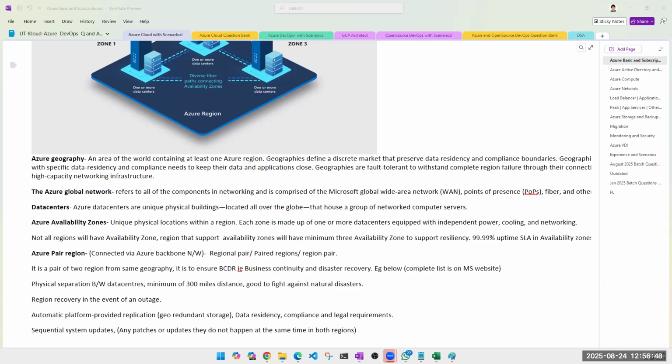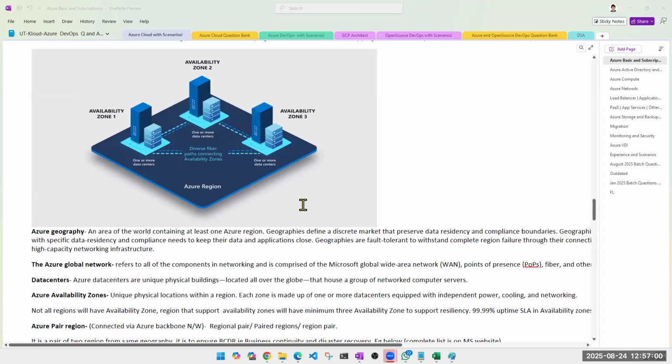Now how do availability zones work? I remember that client had 16 servers, and we deployed those servers dividing them equally into each zone. An availability zone is where we have a minimum of 3 data centers. So I can have 4 servers on one data center, 4 servers on another data center, and 4 servers on another data center. If you're talking about 12 servers, divide them and give examples like this.